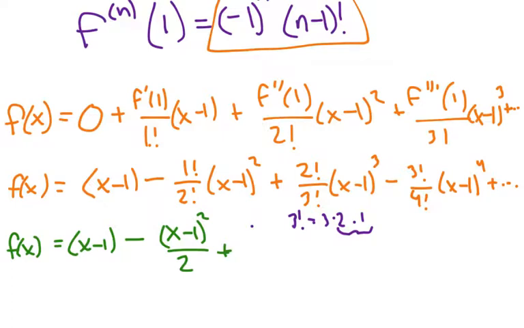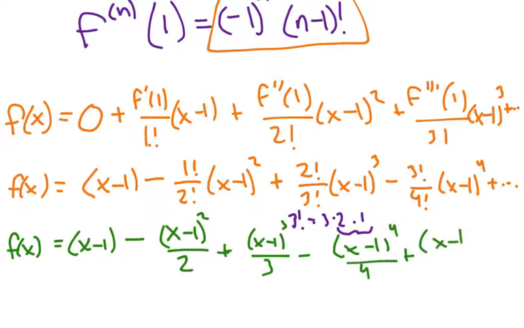And so we're going to end up with x minus 1 cubed over 3 minus, and the pattern should be evident now, x minus 1 to the 4th over 4 plus x minus 1 to the 5th over 5 plus dot dot dot.